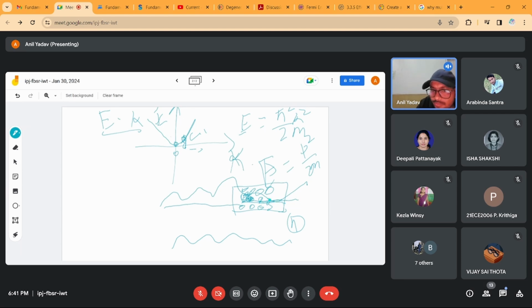This is taken as the edge of the conduction band, and the uppermost point of the valence band E-K diagram is taken as the edge of the valence band. Whatever the difference between them is, that is Eg, the band gap.